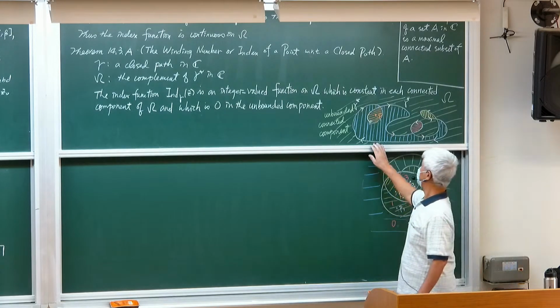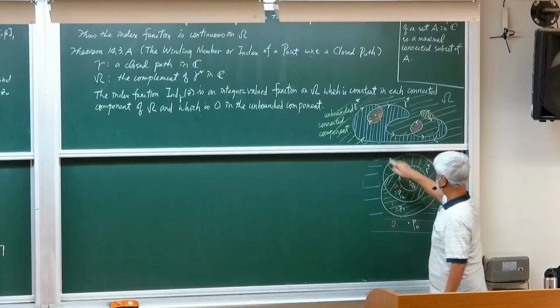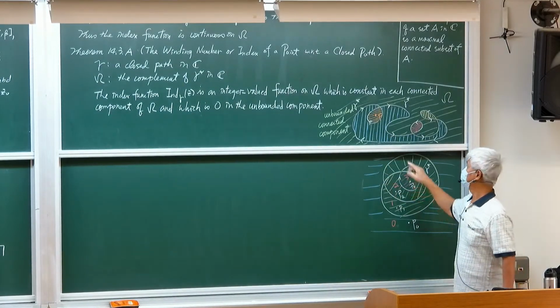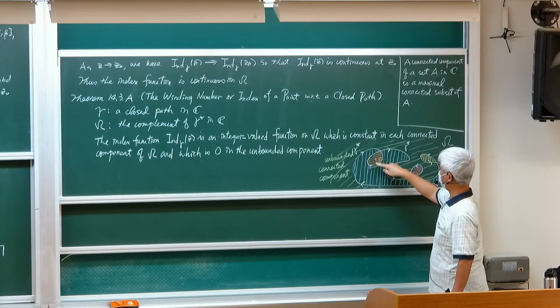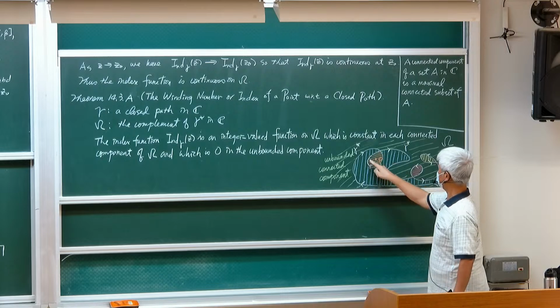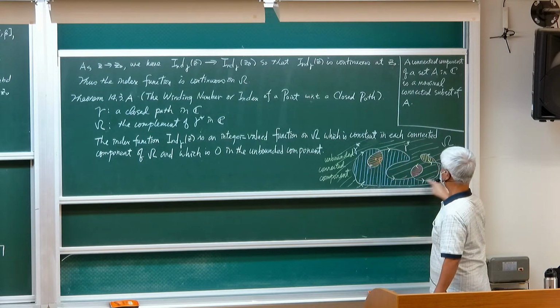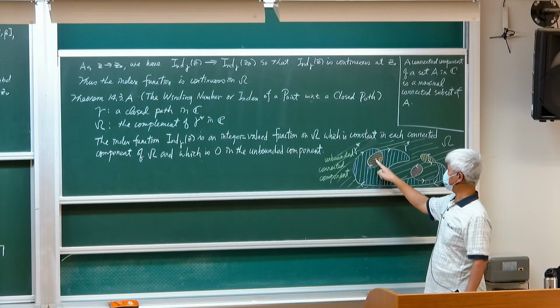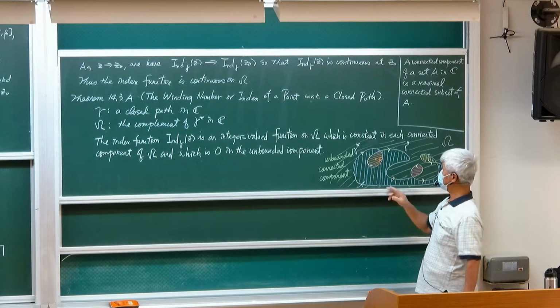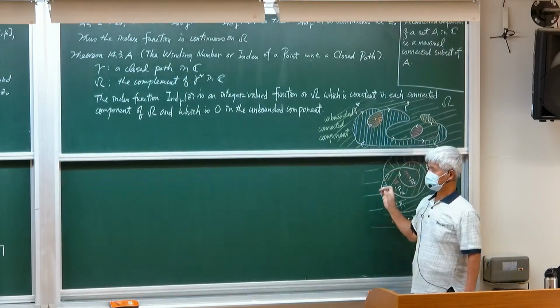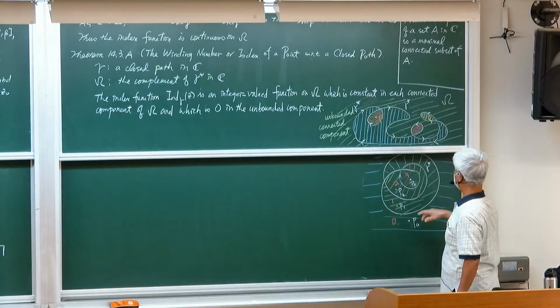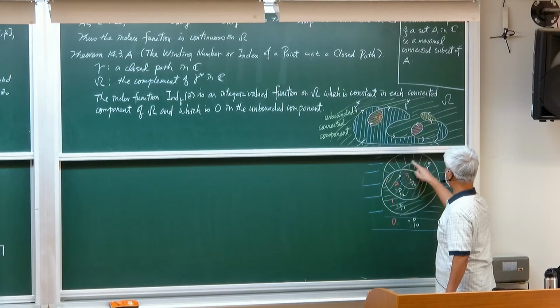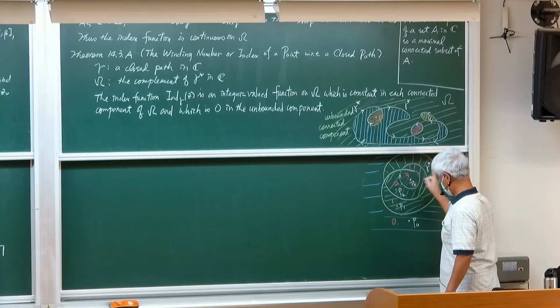Now, it's easy to see here. How about here? Well, 1, 2. So you can see the winding number here should be 2. But oh, by the way, it's clockwise. I'm sorry.